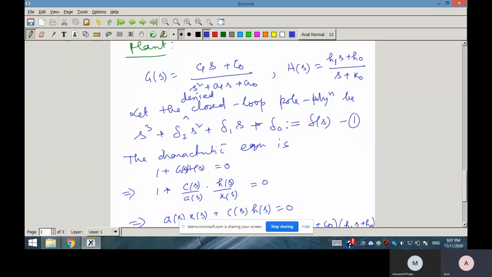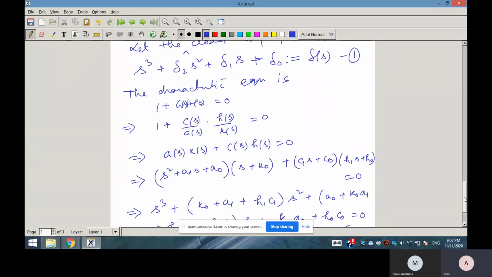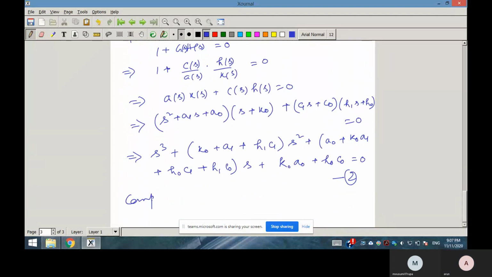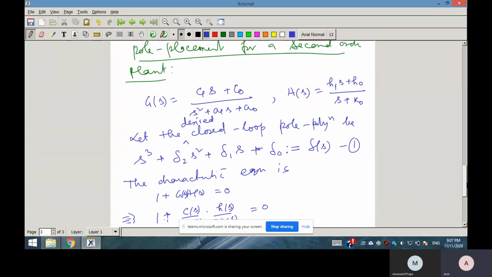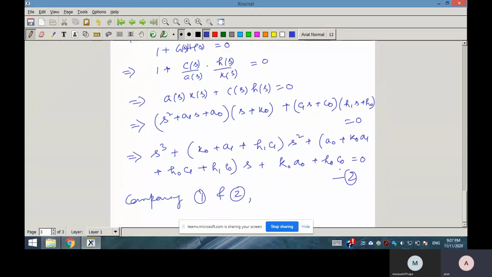So if you compare every coefficient of s to the power cube, square, 1 and 0, what will you get? This equation is actually delta(s).